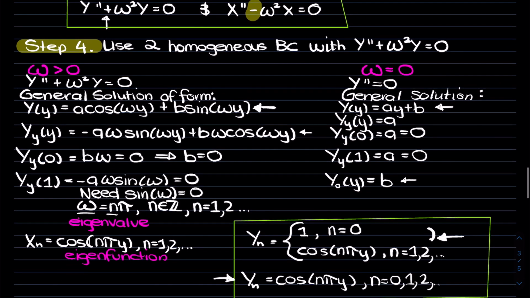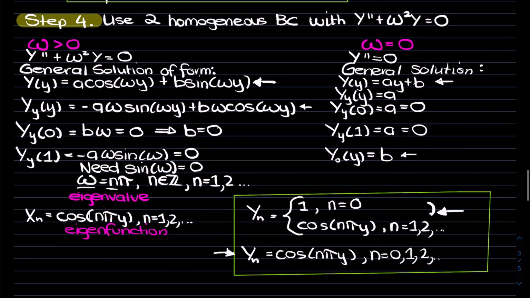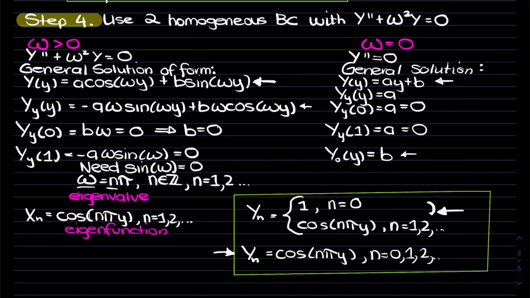Step 4 is we use the ODE associated with the 2 homogeneous boundary conditions, and we consider the case for lambda greater than 0 and lambda equals 0. Because we're using Neumann boundary conditions in this case, our lambda greater than 0 is non-trivial, so we need to include that.